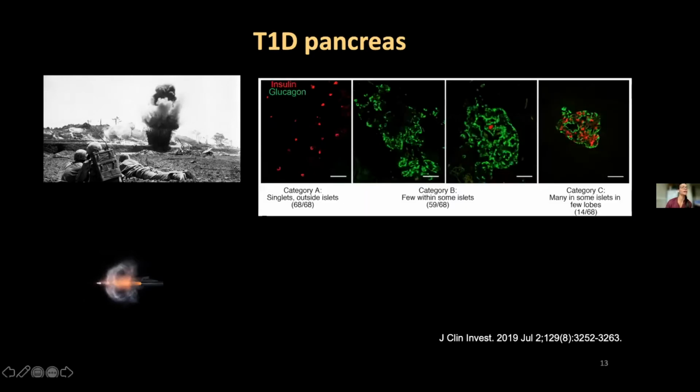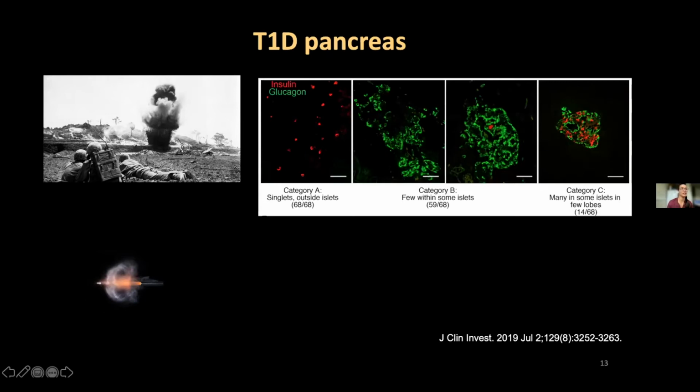So here is a study from the medalists. Medalists are patients that have had diabetes for over 50 years and they still have functional beta cells. What they observed in this study is that there are different beta cells that are left.